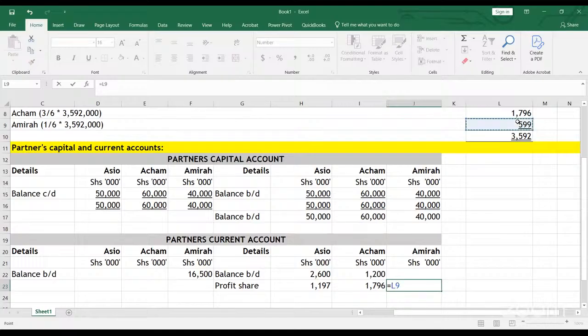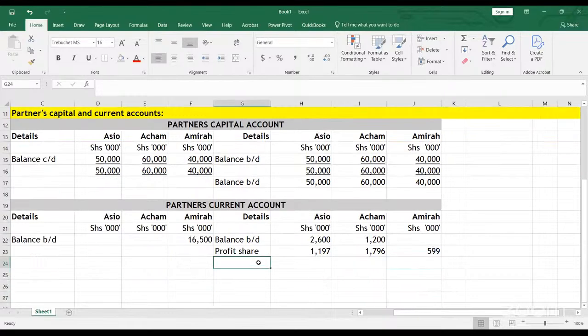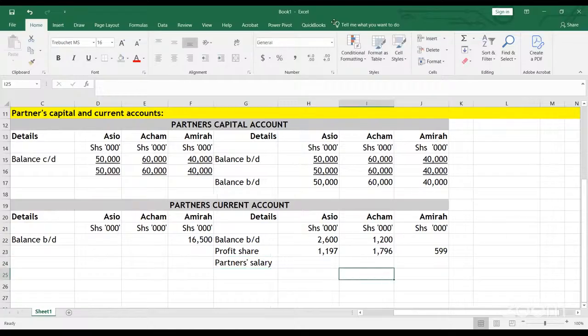Those are the profit shares. Then we have to get the partners' salary, because we saw somewhere that these partners are getting a salary. The salaries will be credited in the current account.